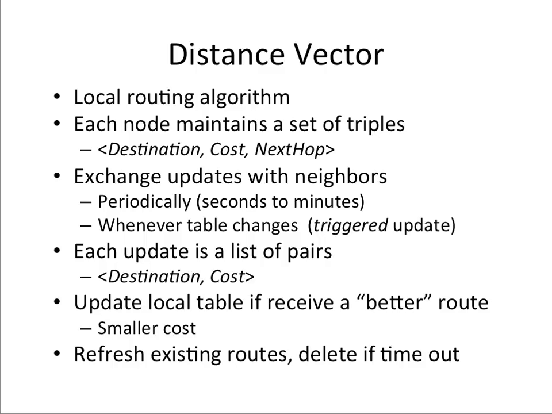It's going to be a list of pairs, destination and cost. This cost is the cost of the best path from that particular node. And if we learn about a better route than what we already know, we're going to update our table. Okay?